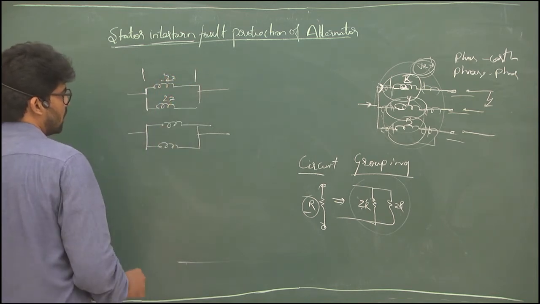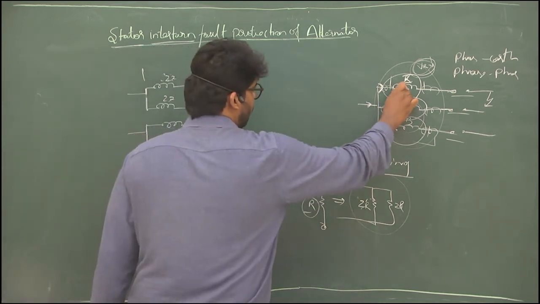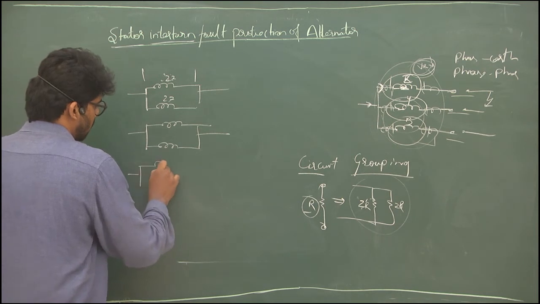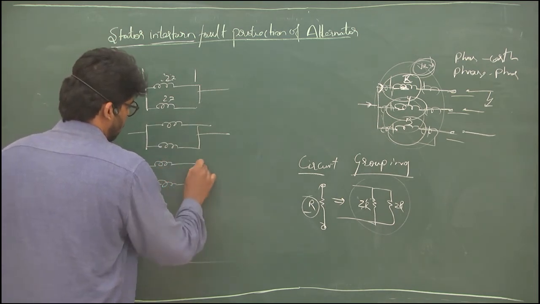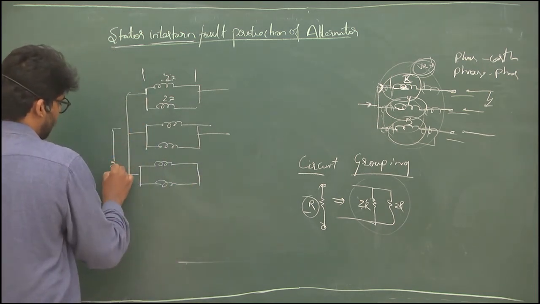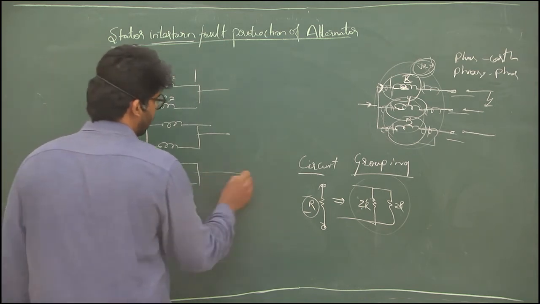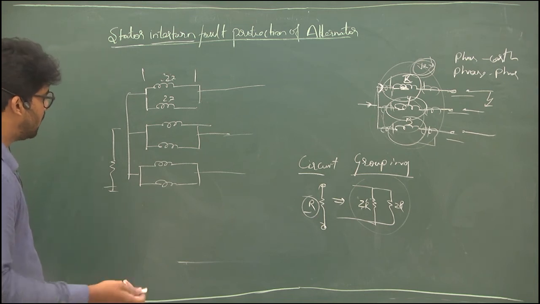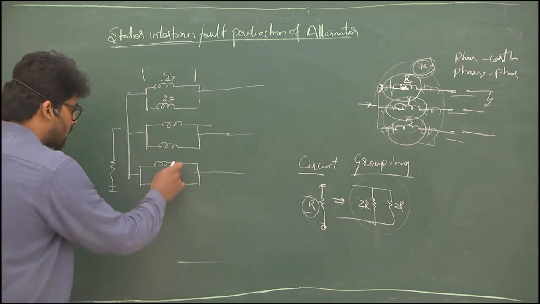So to protect the winding from interturn faults, we divide each section in this format in the alternator, and then this is fed to the bus bars and all. To explain that, I'll take only one section.